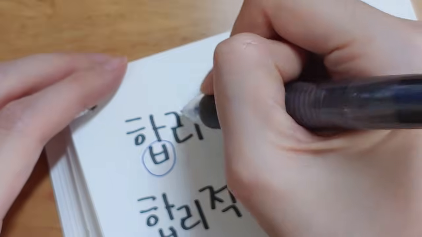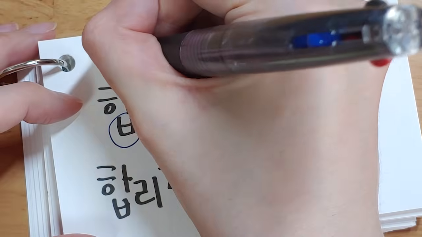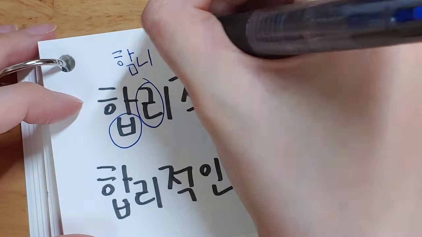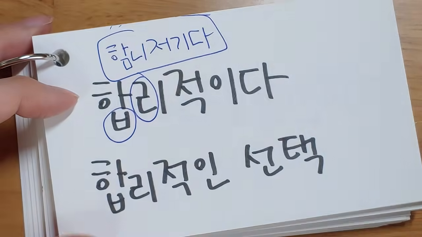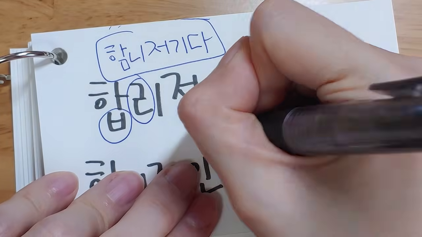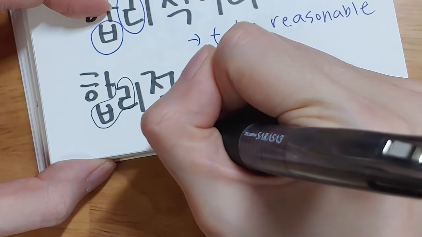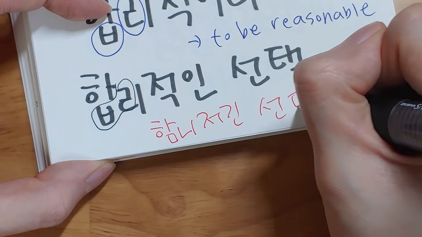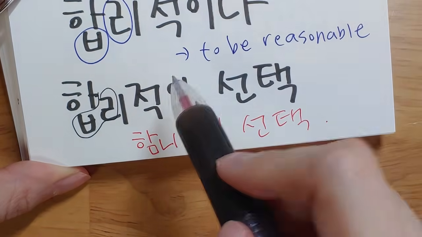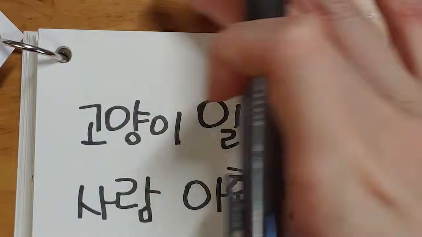With that in mind, this combination would sound like 합리적이다. And it means to be reasonable. So this one is also 합리적인 선택, a reasonable choice.